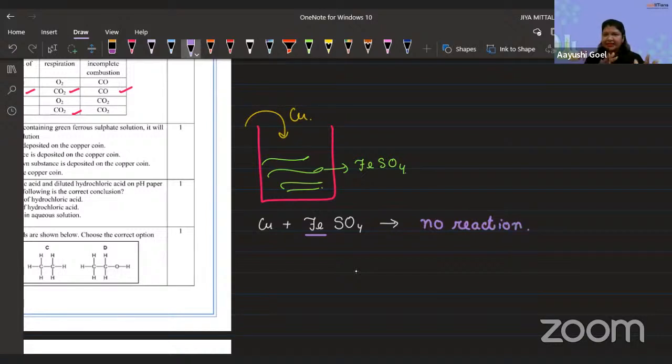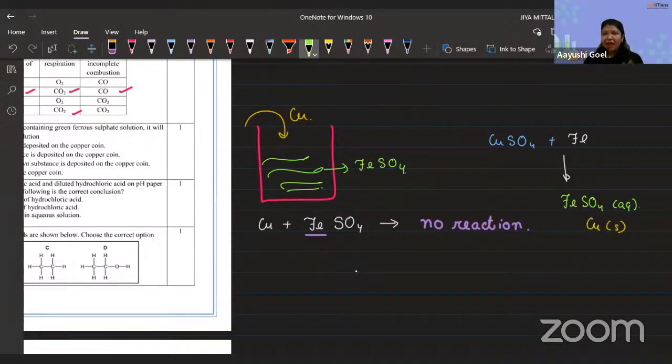If it is vice versa, in that case that will be true. If you have a blue color copper sulfate solution and you add iron, then you will get green color FeSO4 along with brown, bronze color copper solid. But they have given you the reverse case.